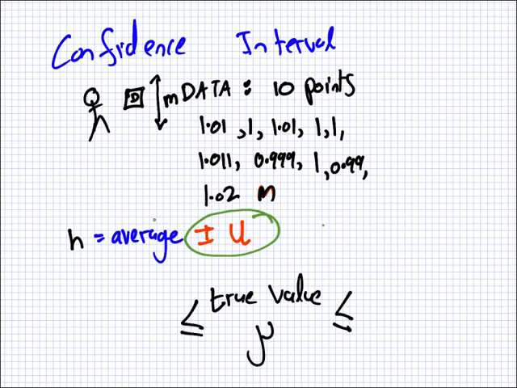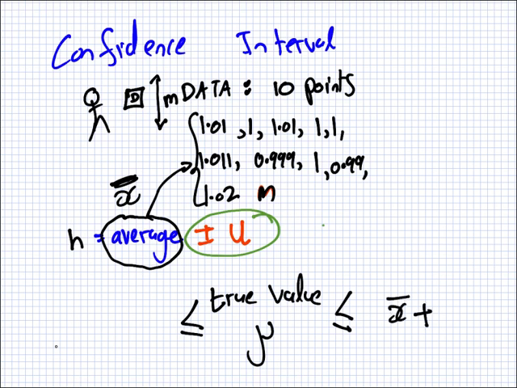What letter do we use for the average from the data? Yeah, we'll use something like X with a line on top. So the true value will be the average plus a number, and the average minus the number.